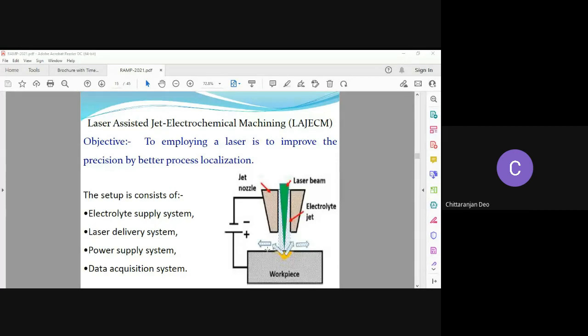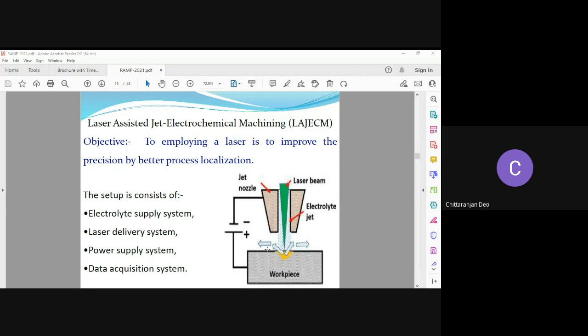So for machining at a particular point, at a micro level, the laser is focused at that point. The temperature in the laser localized zone is usually 1.75 to 3.25 times higher than the temperature outside the laser localized area.